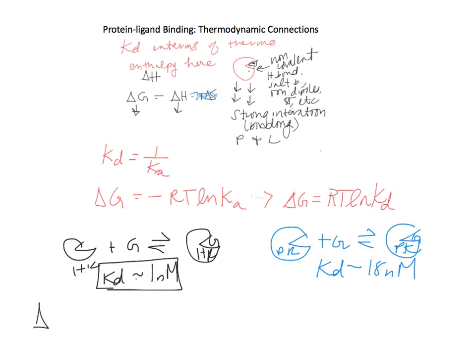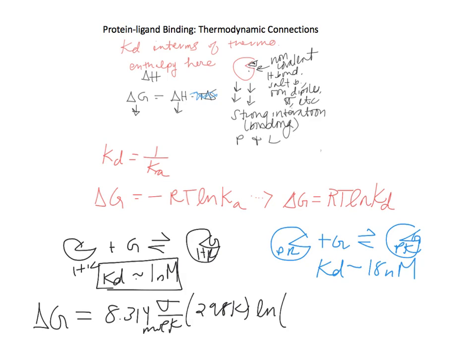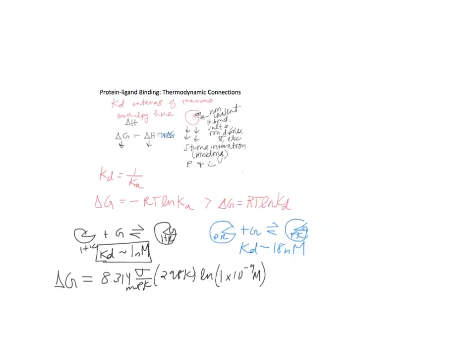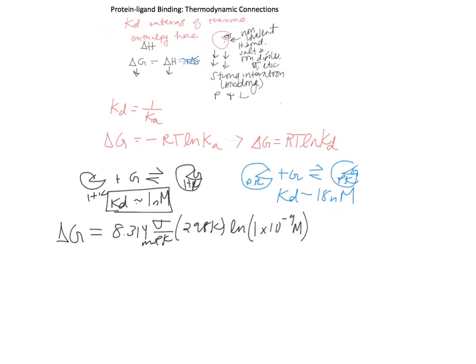So delta G equals R, which here is 8.314 joules per mole Kelvin. Temperature, I will usually give you either in Celsius and you'll convert to Kelvin, or I'll give it to you in Kelvin, but we'll do 298 K, natural log of 1 times 10 to the minus 9 molar. So that will be for HK. And then for PK, I'll just do it underneath.